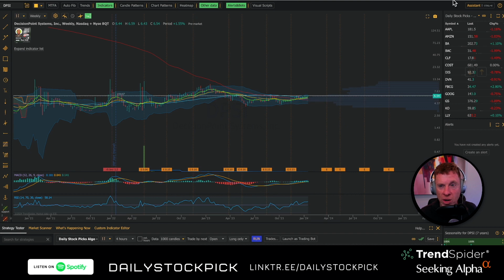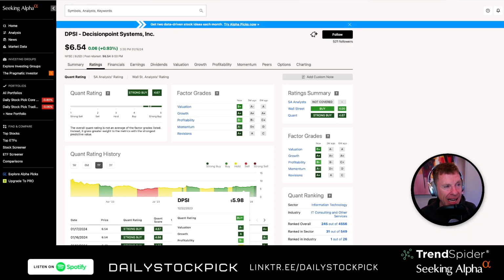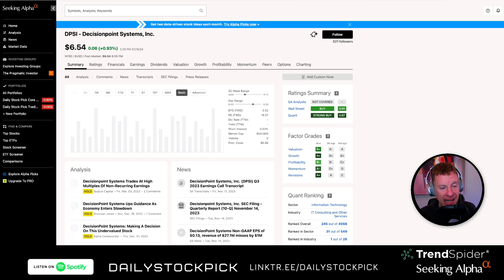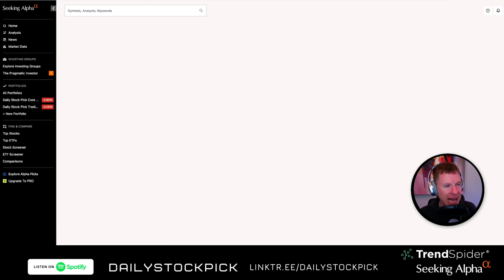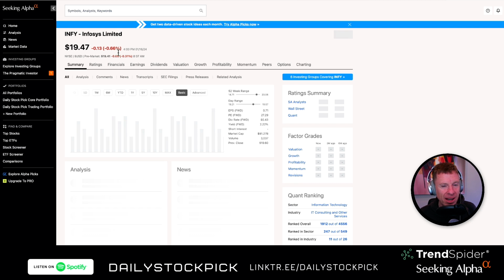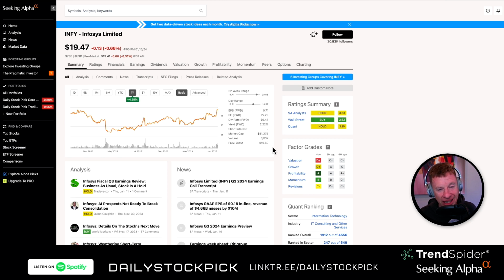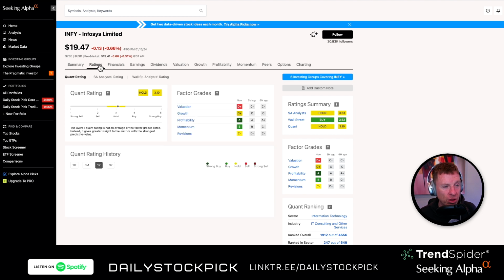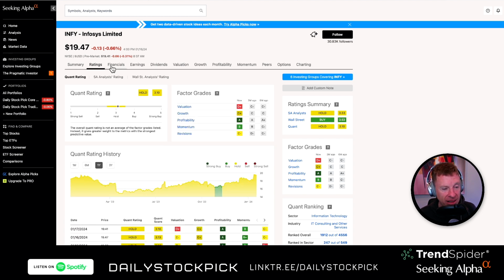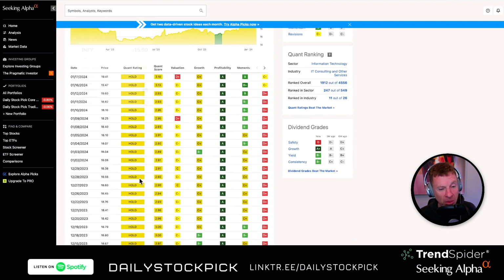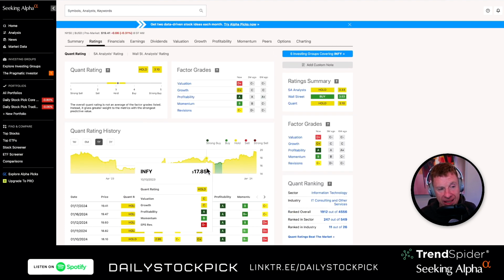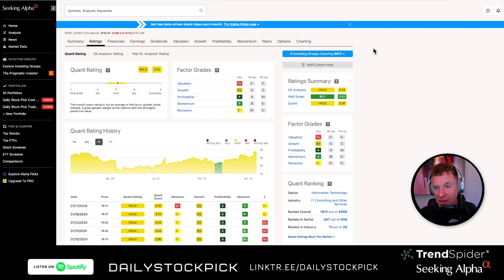But Infosys, what I would do is probably just take a look at some of the other ones in this industry. I'm not saying Infosys is a bad one. I just think perhaps that valuation is a D plus compared to others. The ratings here, you can take a look at the ratings. It's been a hold for a while, it hasn't been necessarily moving. But the profitability is an A plus. So I think Seeking Alpha, it's a good one.